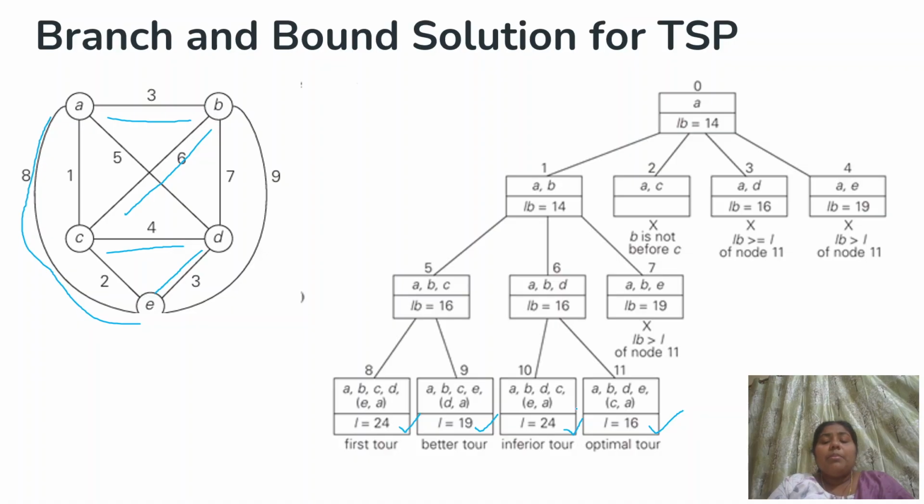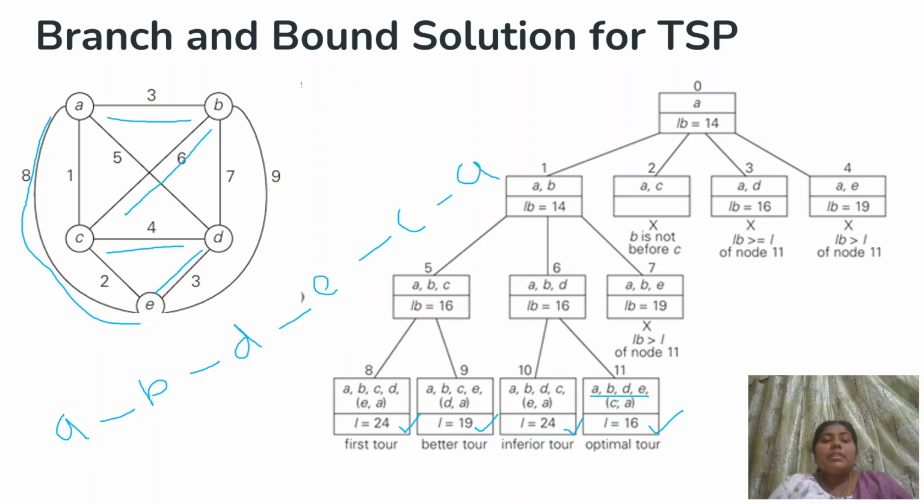Okay. So compared to this one, the path with the lowest bound value is this path. From A to B, then to D, then to E, then to C, and then to A. So what is the bounding function of this one?